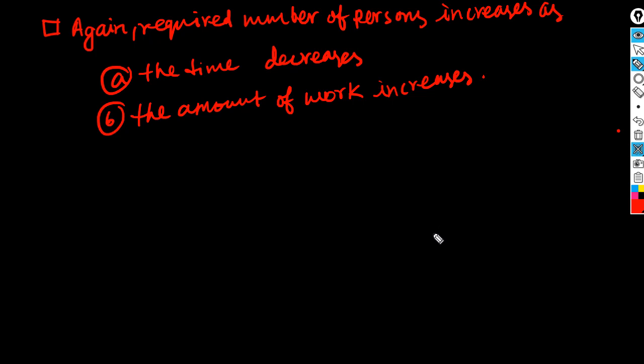Now clearly get the point and repeat it again and again. The required number of persons increases as point number one, the time decreases, and point number two, the amount of work increases.